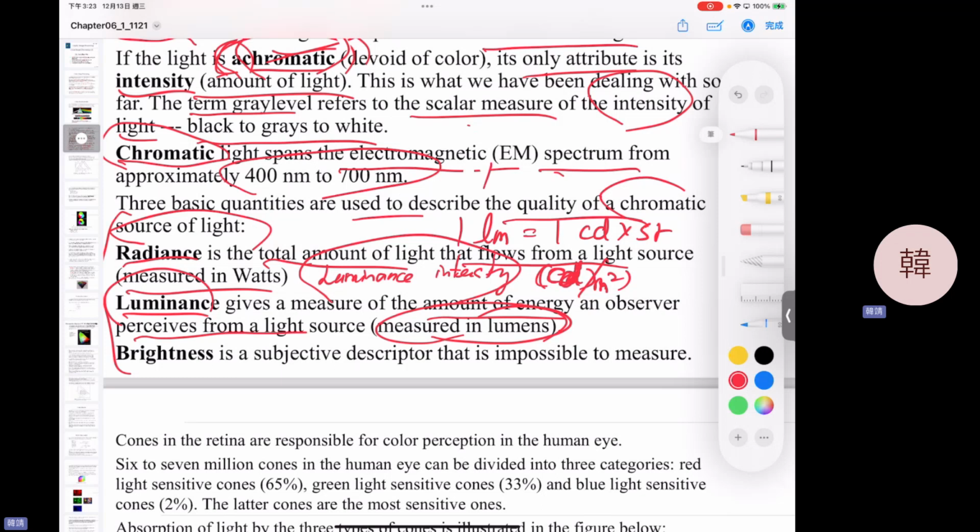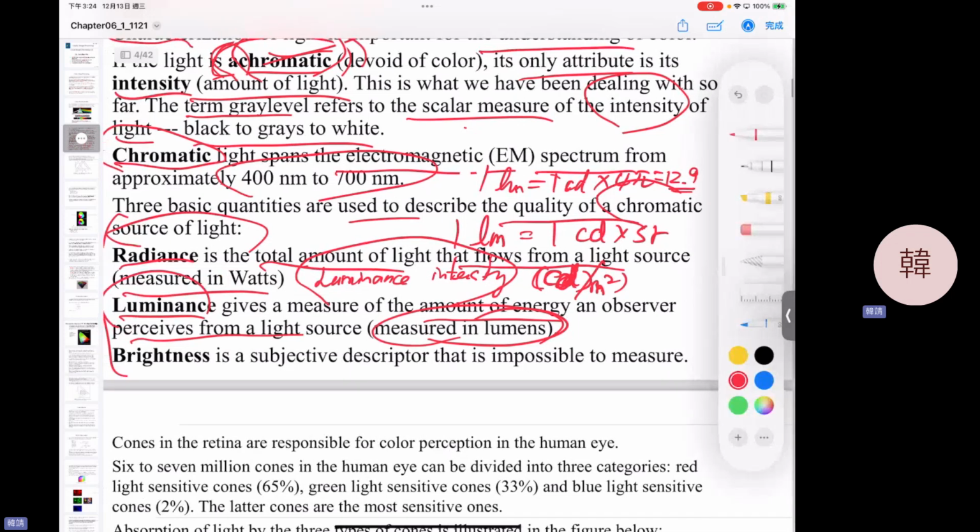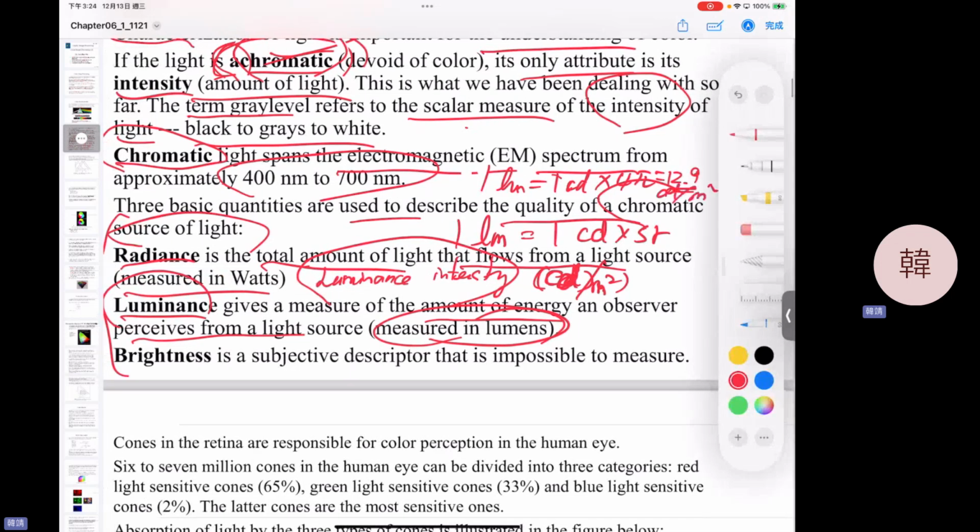In physics, I just tell you, just know about this concept. 1 lumen is equal to 1 candela times 4 pi steradians, because it's a whole ball. 4 pi is 3.14159 times 4, maybe 12 point something, I forgot. 12 point something candela per square meter.